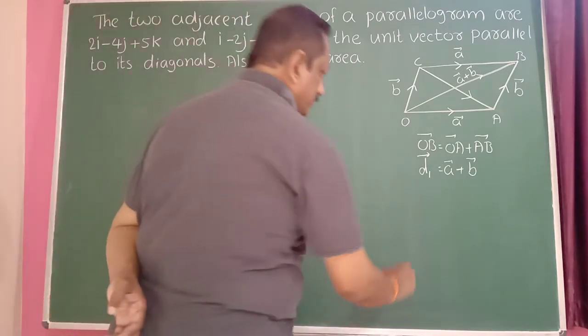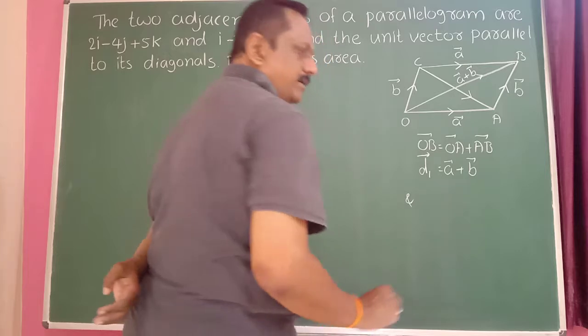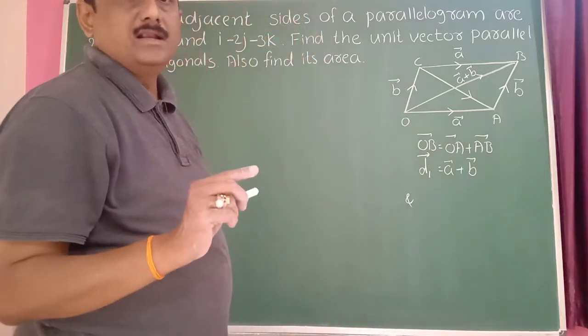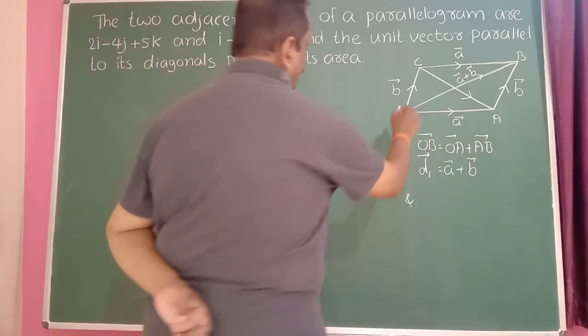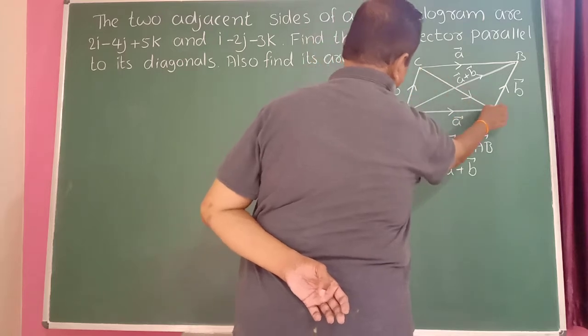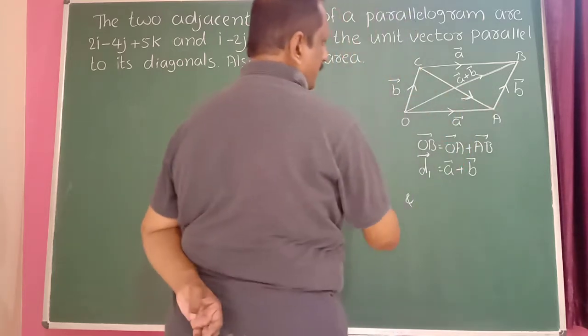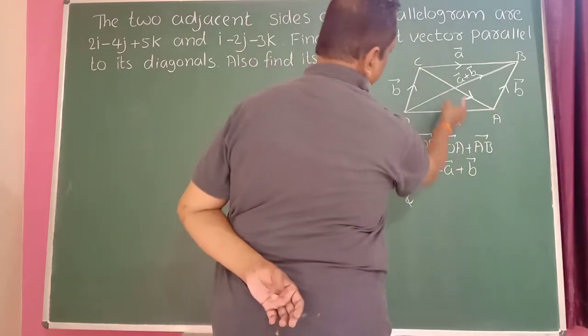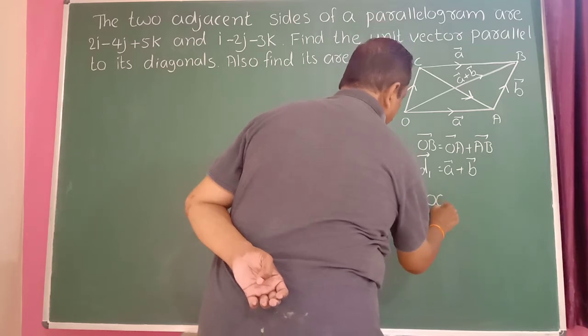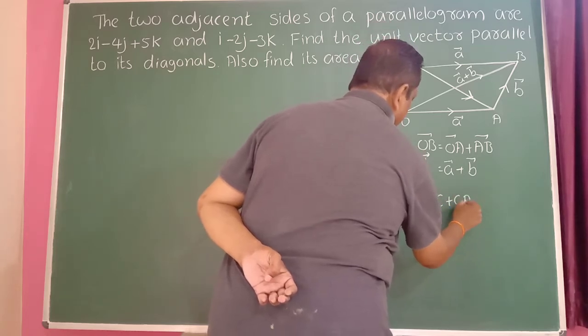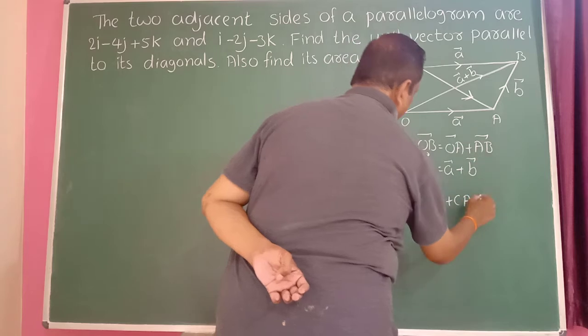Similarly, according to the triangle law of vector addition, OC plus CA, the arrow marks are important here. OC plus CA is equal to OA.